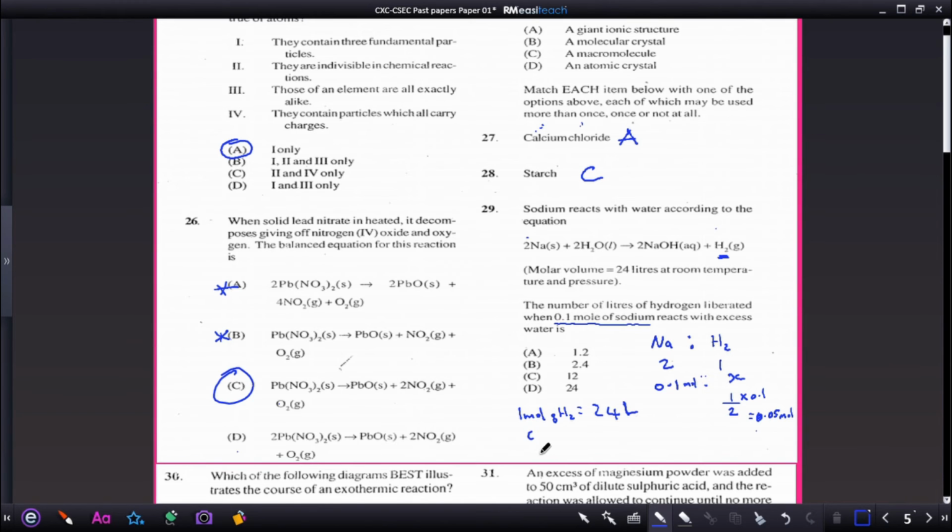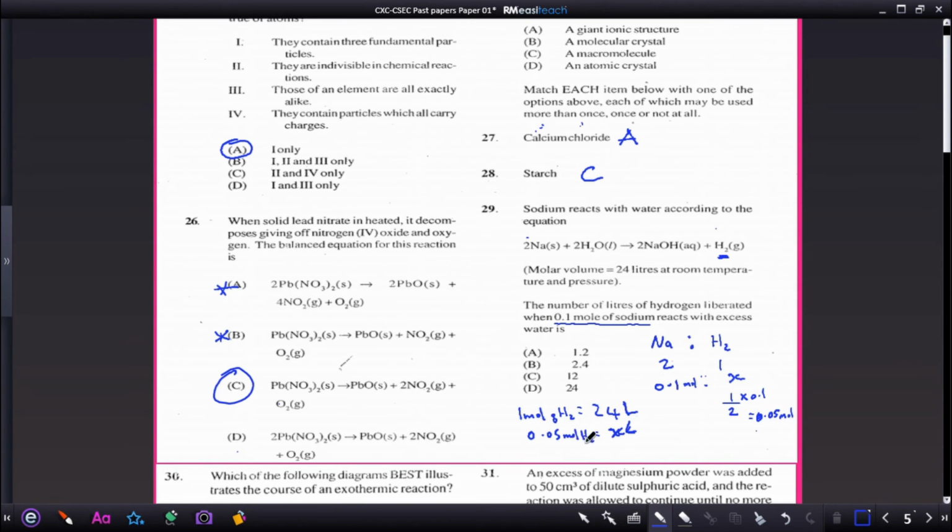Then 0.05 moles of hydrogen gas would have how many liters? We call that X, would have X liters. So let us rearrange the equation to make X the subject by cross multiplying.